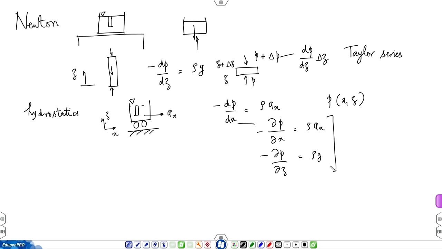So, this a x is taken to be spatially uniform. So, in this integration a x is constant, it does not depend on x or z. Every point has the same acceleration, that is equivalent to calling it rigid body motion of the body of liquid. So, equations of hydrostatics get extended to liquids undergoing rigid body motion.